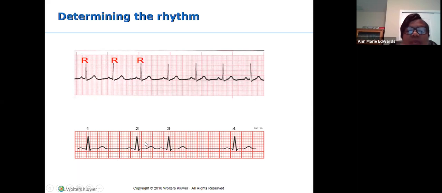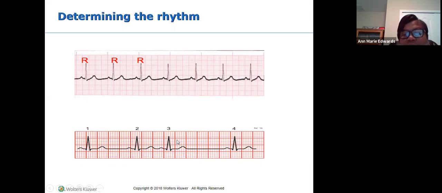Now look at this one. Is this rhythm regular? Look at your first R wave and look at this distance between it. I don't even have to measure this one to tell you that this rhythm is not regular, because this distance is different from this distance, and this one is different from this distance.